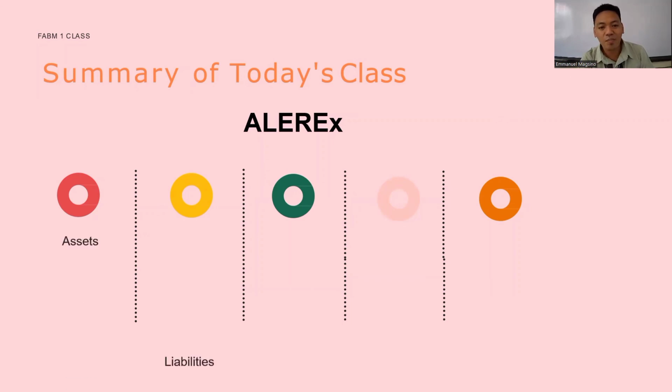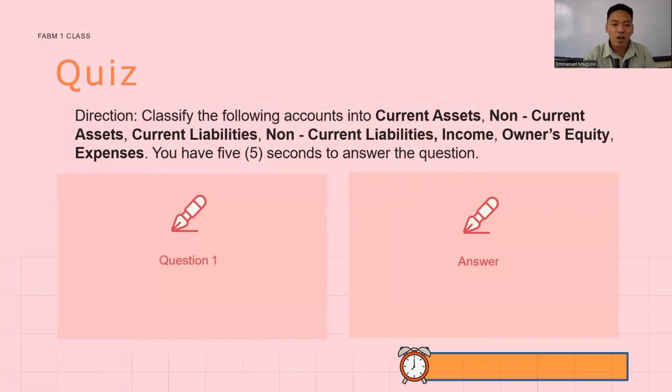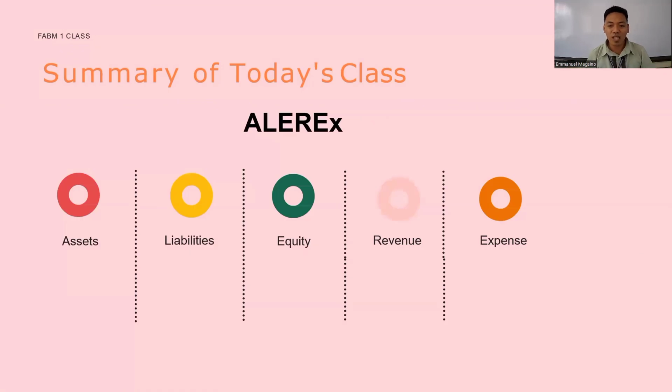L, liabilities, correct. E, equity, or owner's equity. R, revenue. And E, expense. Very good, Fiona. So remember this mnemonic aid, our Alerex, to remember our 5 major accounts. Do you have any questions in our lesson?